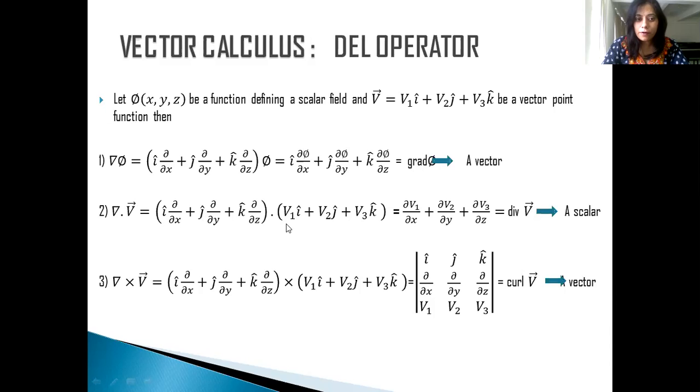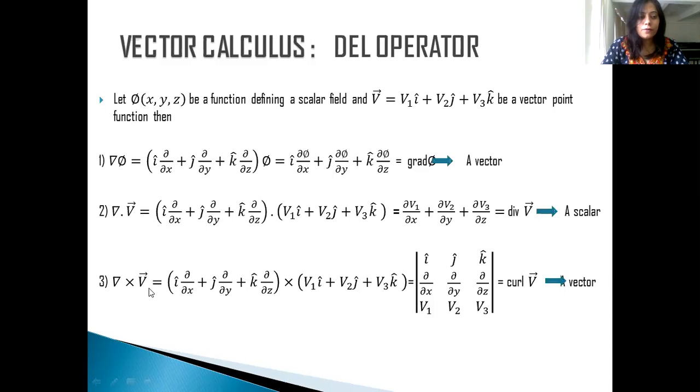When you do the dot product, it will be del by del x of v1 plus del by del y of v2 plus del by del z of v3, because i dot i is 1, j dot j is 1 and k dot k is 1. This gives me the divergence of v. So this is the formula for divergence of v, and clearly it is a scalar.